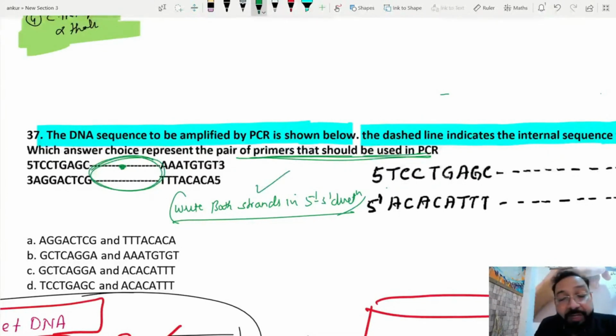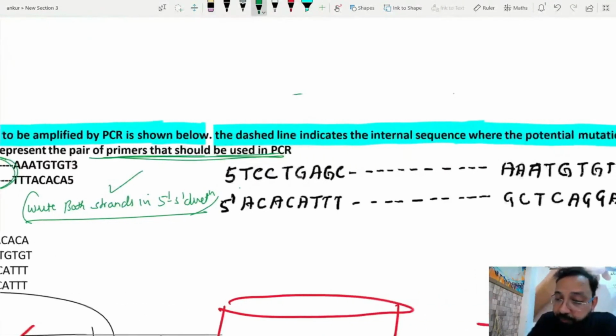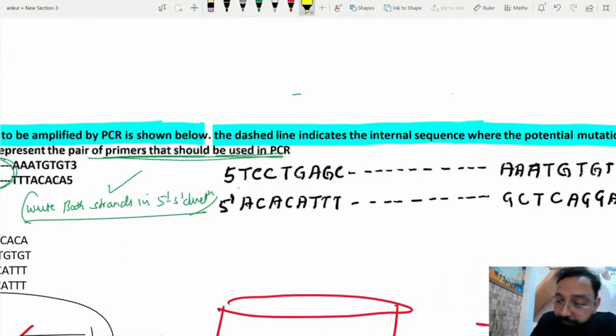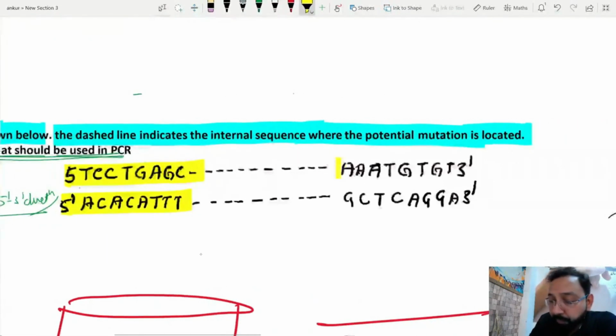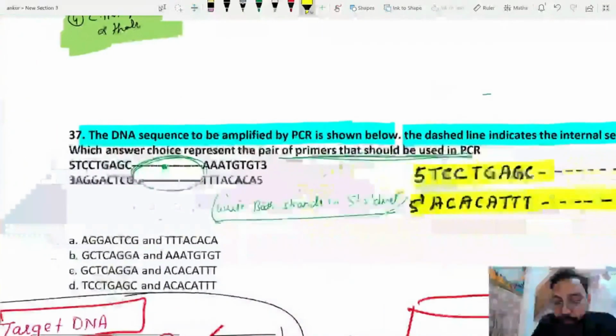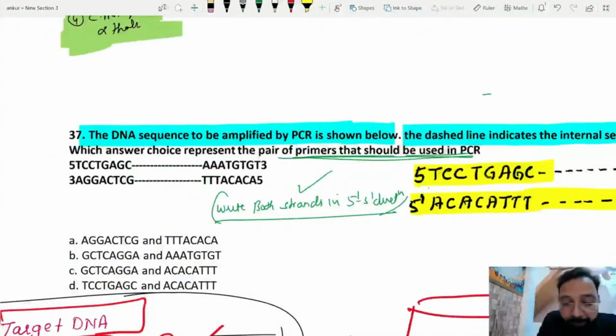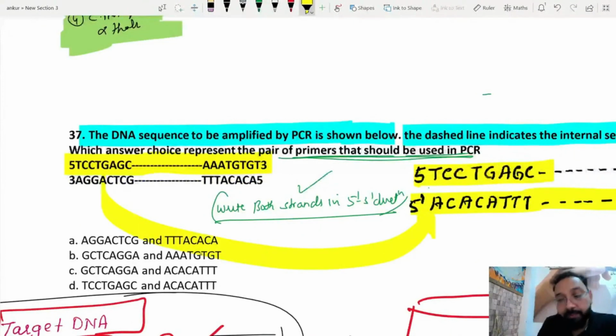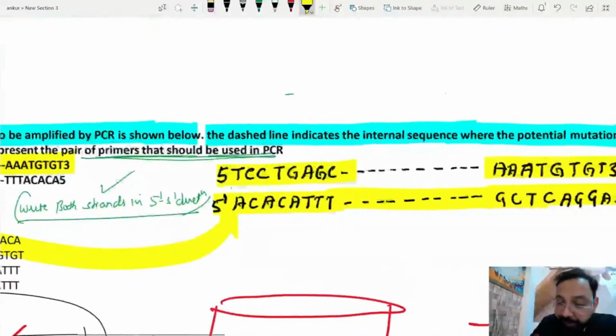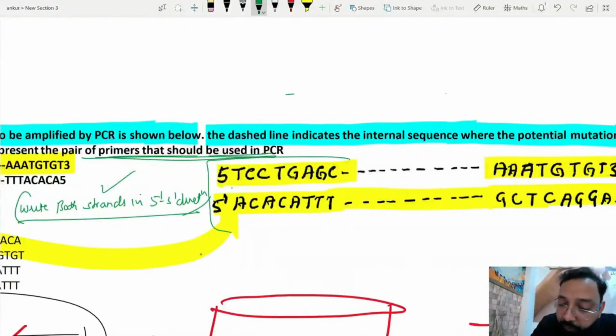Write both strands in which direction? 5 to 3 direction. They have given one strand in 5 to 3 direction, and the other strand 3 to 5. So I will write the lower strand in 5 to 3 direction. And I would say that the initial two nucleotide sequences are the sequence of the primer.